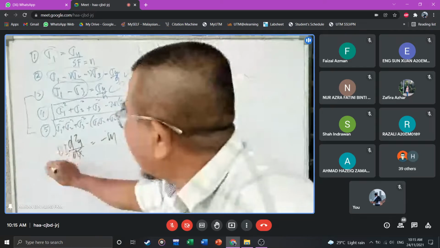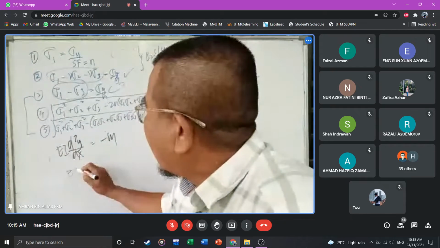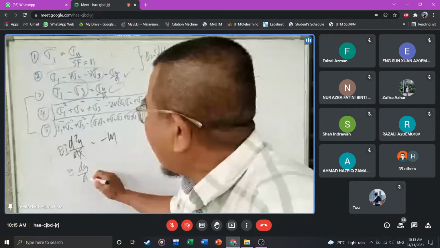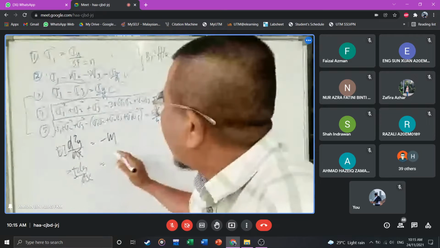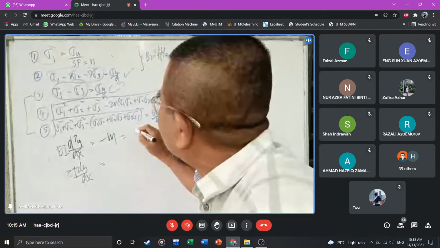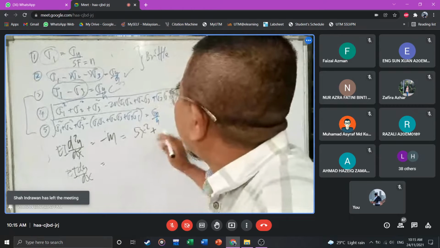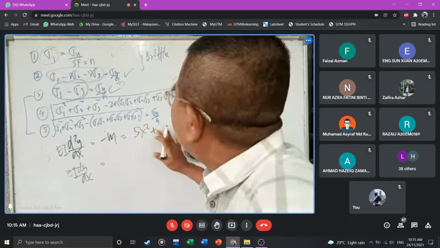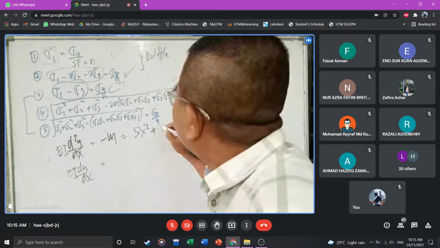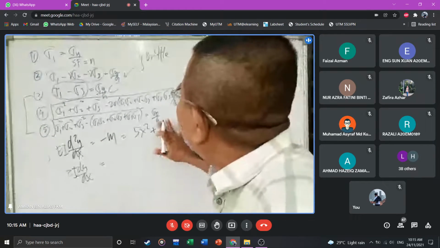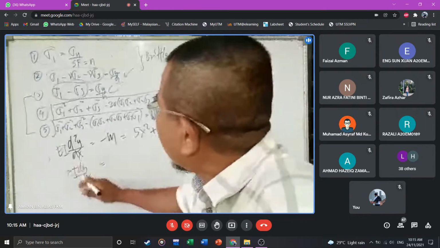You integrate it. What do we have here? dy dx. Let's say the moment here is 5x squared plus 2x, whatever it is. Let's say the moment is like that equation. So integrate here, integrate there.